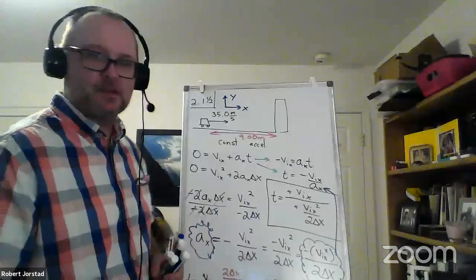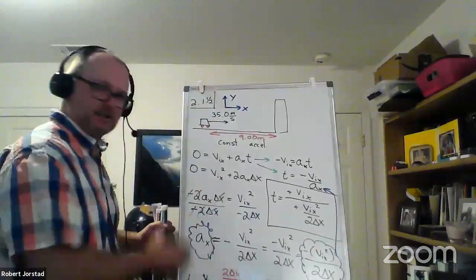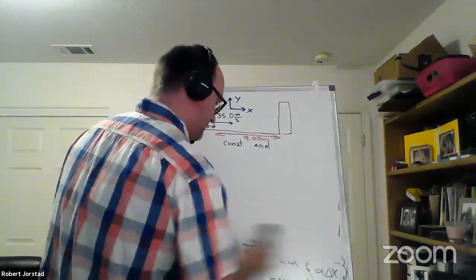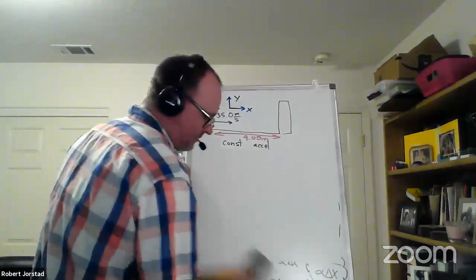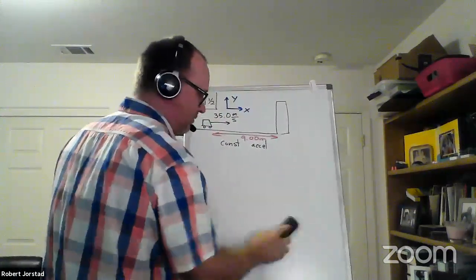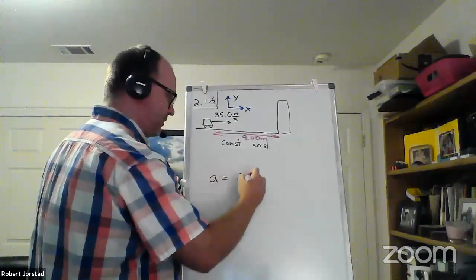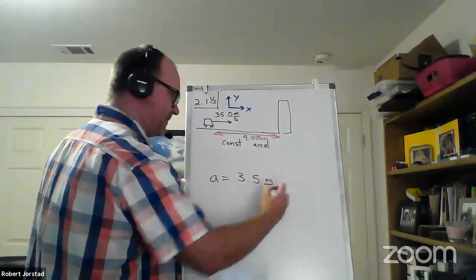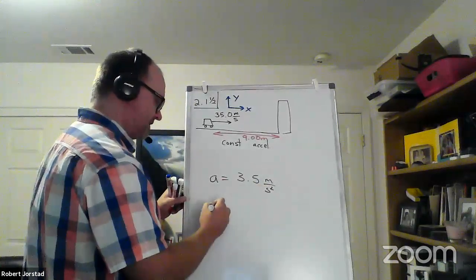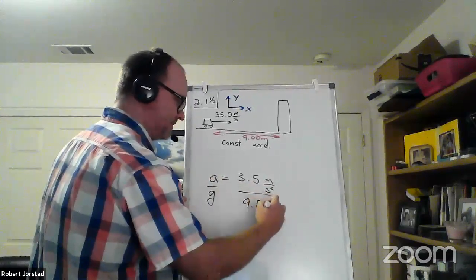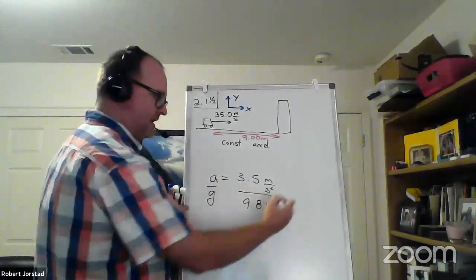2.1.34 on your, oh yeah. So Ruth, here's how you get G's. Take your acceleration. Okay, so I need to erase this. I'm running out of room. It's written somewhere in that workbook problem in one of those long-winded questions, but basically, if you have an acceleration of say 3.5 meters per second squared, you could just take that and divide it by g on both sides, which is 9.8 meters per second squared, and you get a number.